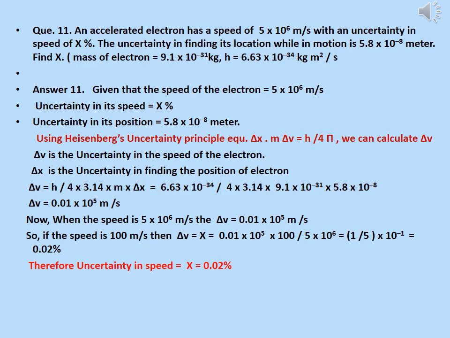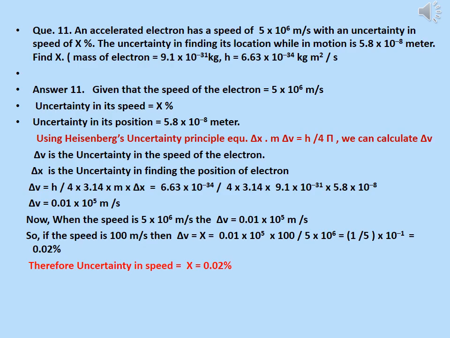Delta v is equal to h by 4 into pi, which is 3.14, into the mass of the electron into delta x, the uncertainty in position. Substituting all the values, we get delta v as 0.01 into 10 power 5 meter per second.